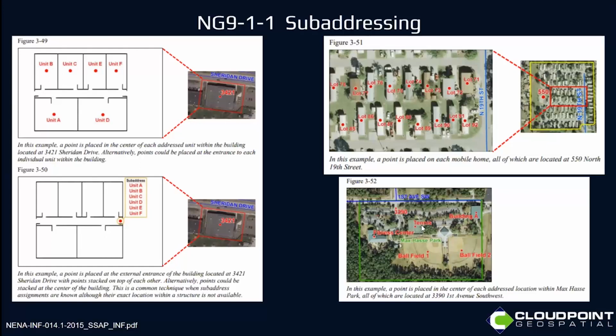So we have the tennis court, which is labeled with a point and the word tennis. And ball field 1, ball field 2, building A. All of these are valid subaddress names that can be put into that additional address information field if it doesn't comport with any of the other fields available.